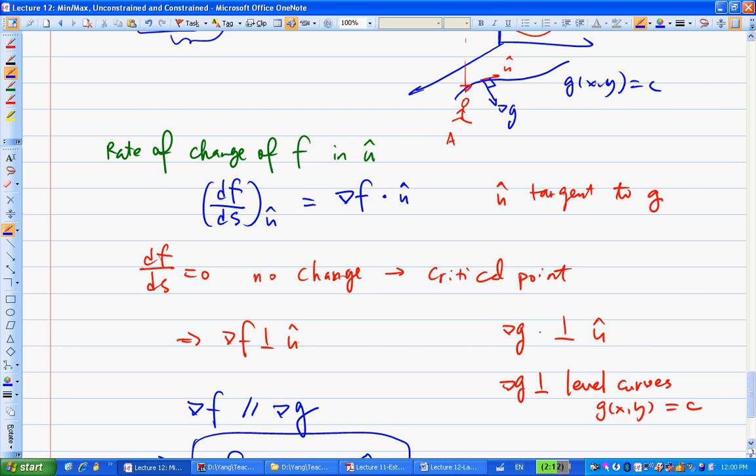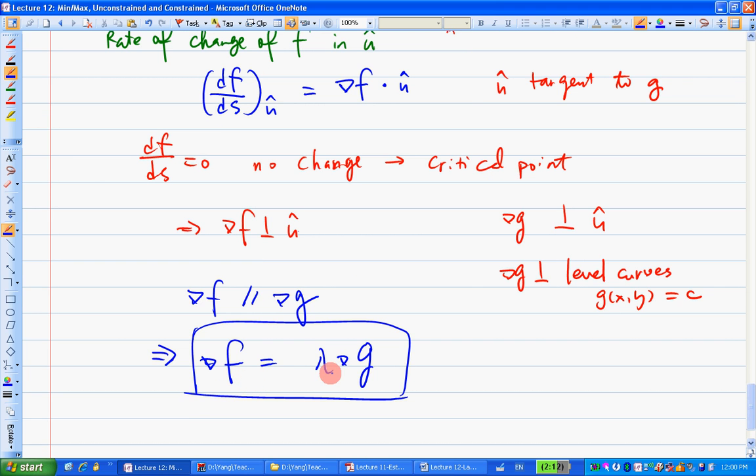Del f is perpendicular to u hat, and del g is perpendicular to u hat, meaning del f is parallel to del g. Two vectors parallel to each other differ only by a scale. So we can actually use a negative here, for ease of writing. It just doesn't matter.